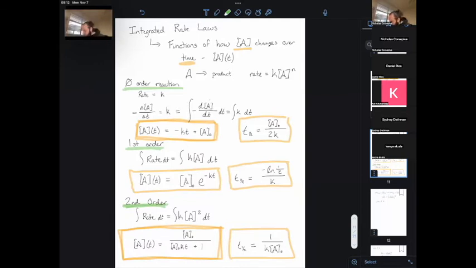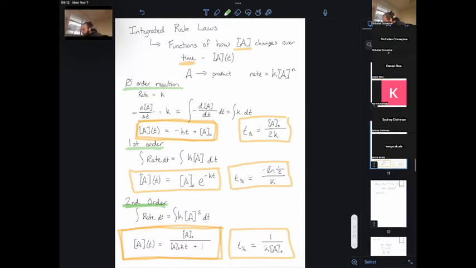And I could either use this function to predict how the concentration of A will change over time, or this half-life value in order to figure out how long it's going to take for half of my concentration of A to be used up, for the concentration of A to be cut in half.